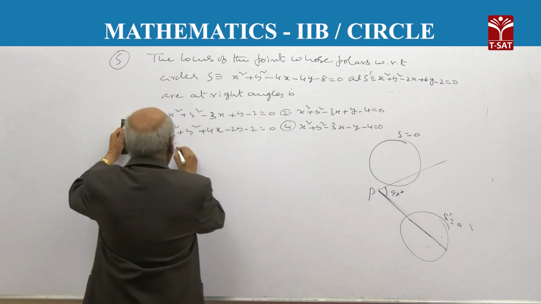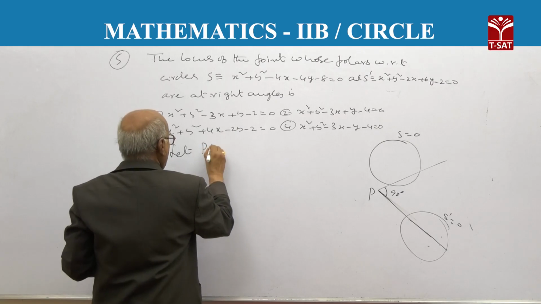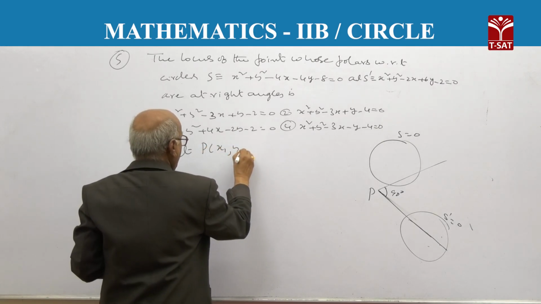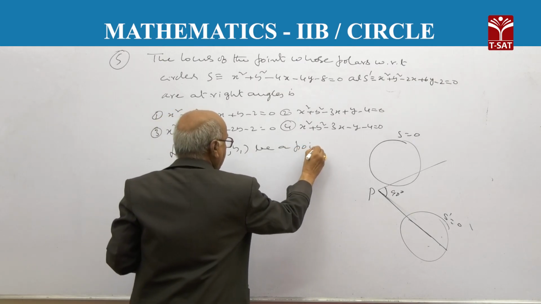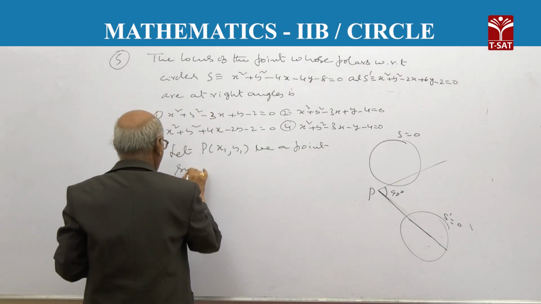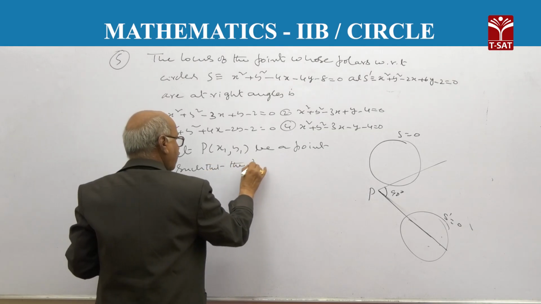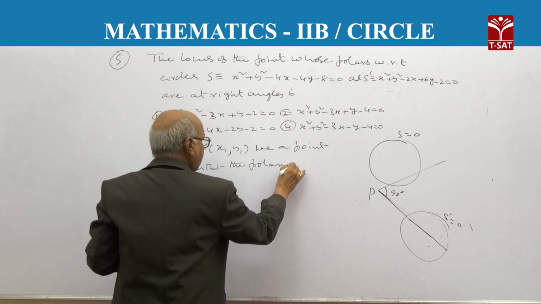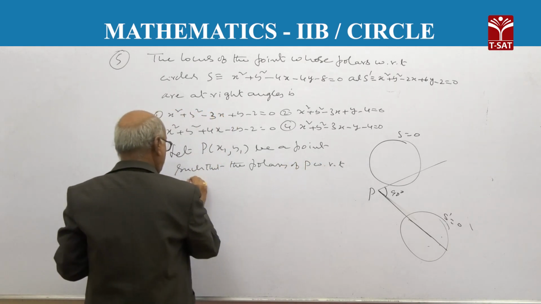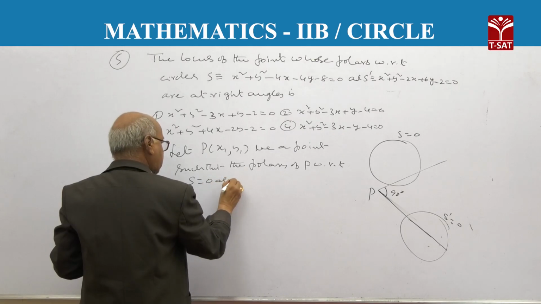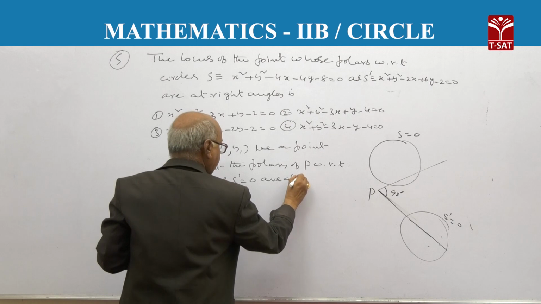Now, let P(x1, y1) be a point such that the polars of P with respect to the circles S is equal to 0 and S dash is equal to 0 are at right angles.